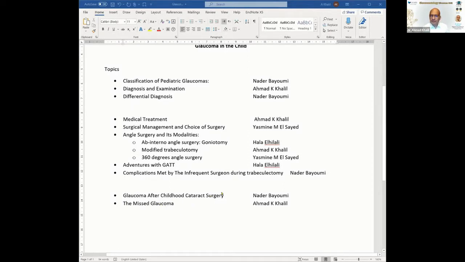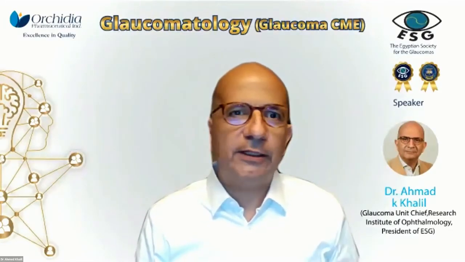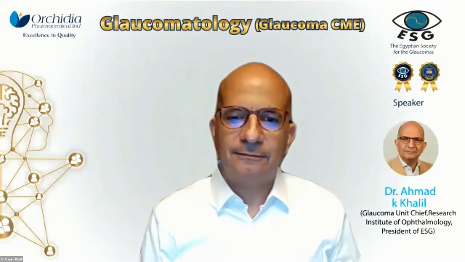We hope we do not miss it this evening. So we start with our classification, and we will move from one speaker to the other as the course goes on. Dr. Nader B., thank you very much, sir, for this excellent introduction.